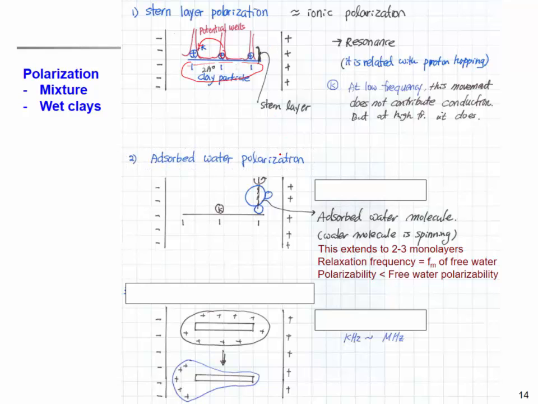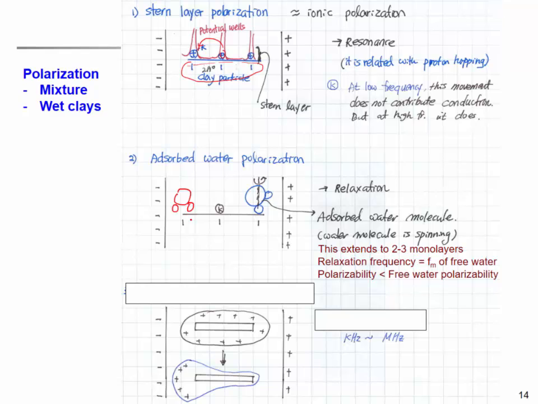The second is adsorbed water polarization. So you have cation at the Stern layer, and also you have an adsorbed water layer that's very strongly bound at the very surface. And this shows the relaxation type of behavior, because the water molecule itself has a mass and it has to rotate. So basically, if the surface is negatively charged, then the water molecule will be polarized, oriented like this, right?